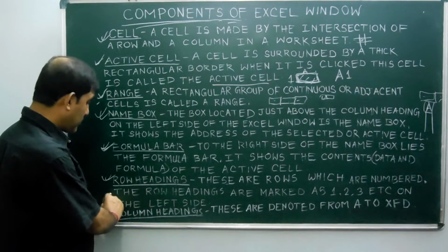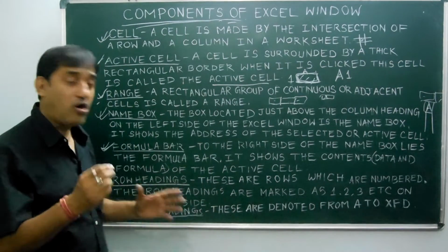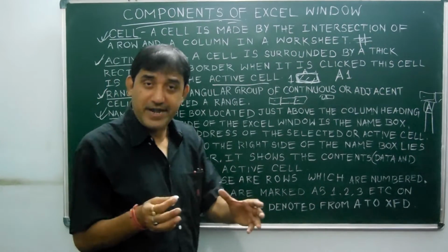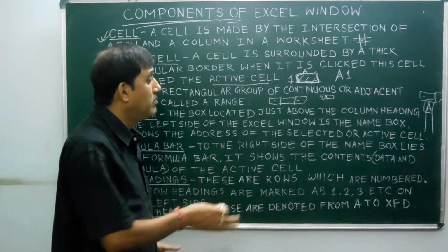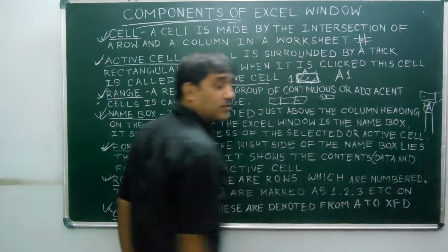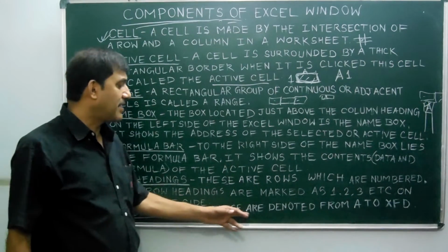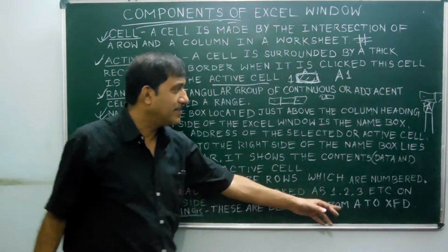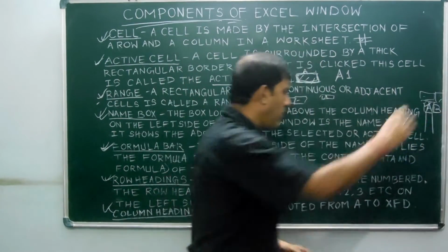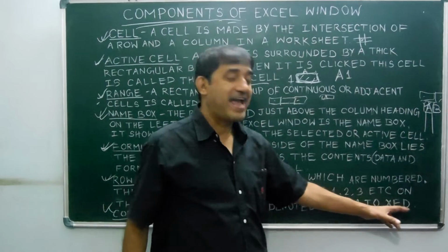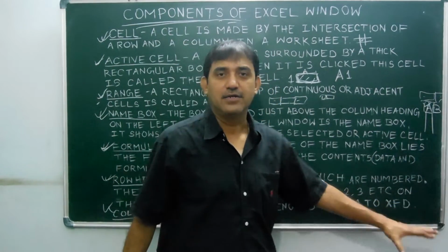Now the last one we have is the column headings. As we did the row headings, the column headings are on the column side. The columns start with A, then B, and so on, up to FXD, where it ends.